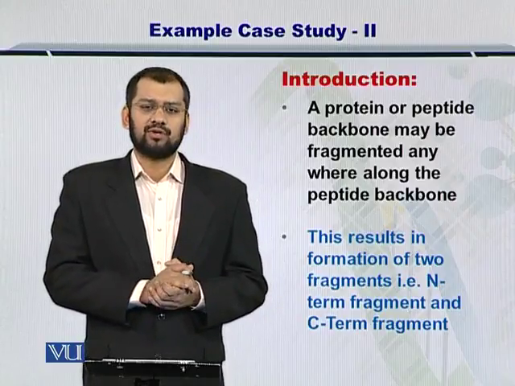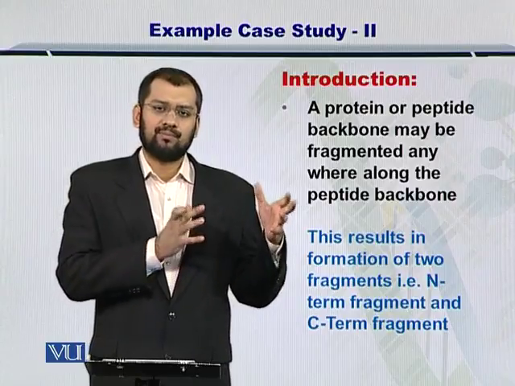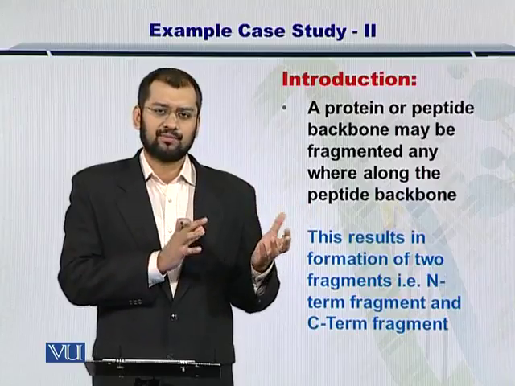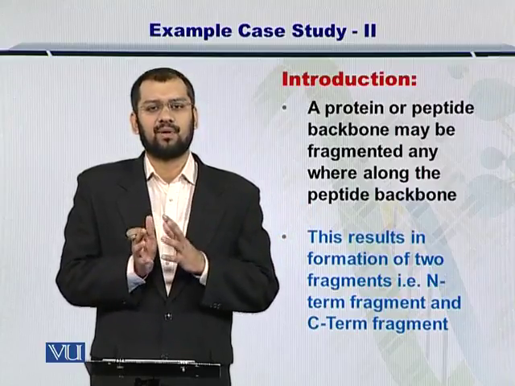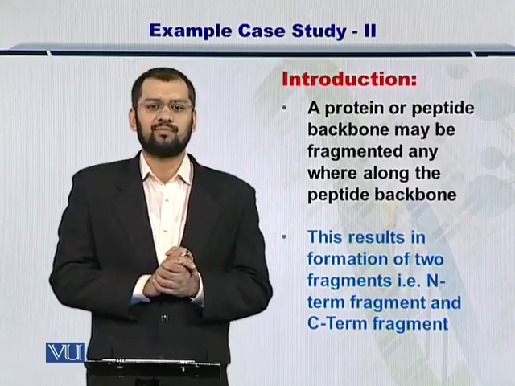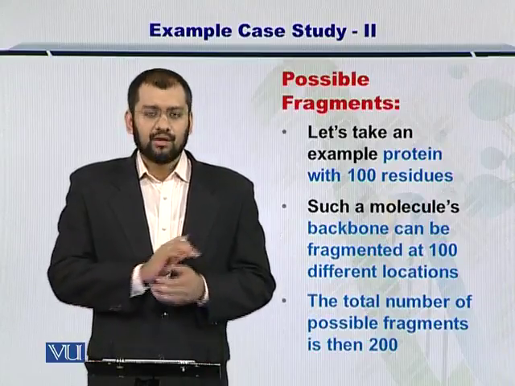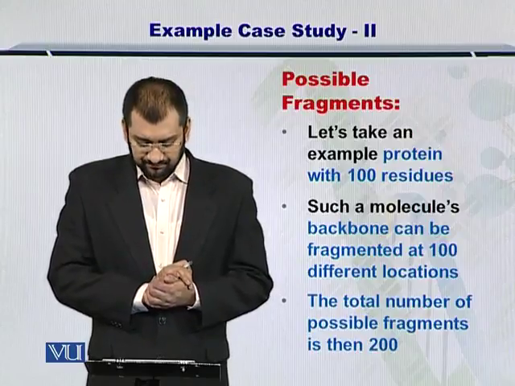It is important to note here that one part of the protein becomes the N-terminus peptide or fragment, and the other part becomes the C-terminus peptide or fragment. So let's take an example.